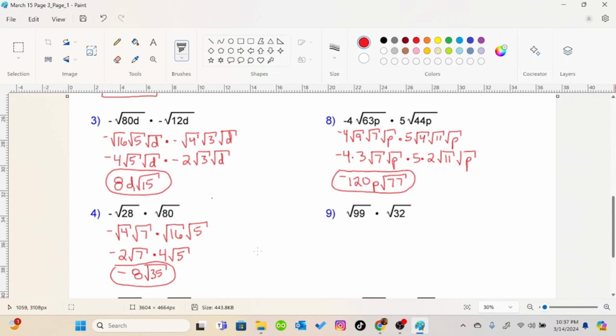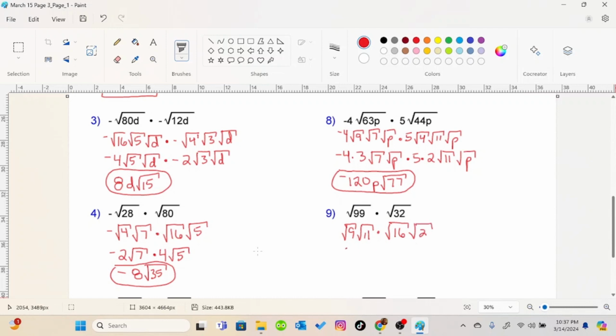Number 9. The square root of 99 is the square root of 9 times the square root of 11. And the square root of 32 is the square root of 16 times the square root of 2.